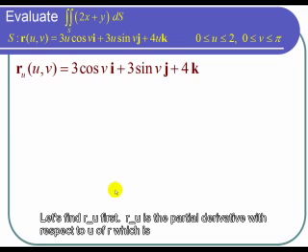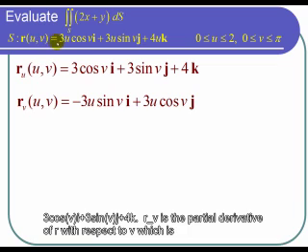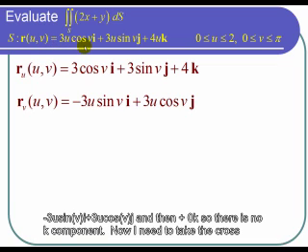So let's find r_u first. r_u is the partial derivative with respect to u of r, which is 3 cosine v i plus 3 sine v j plus 4k. r_v is the partial derivative of r with respect to v, which is negative 3u sine v i plus 3u cosine v j, and then plus 0k. So there is no k component.